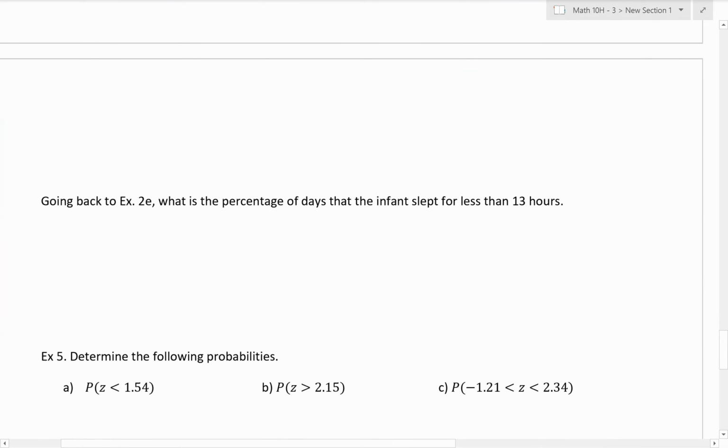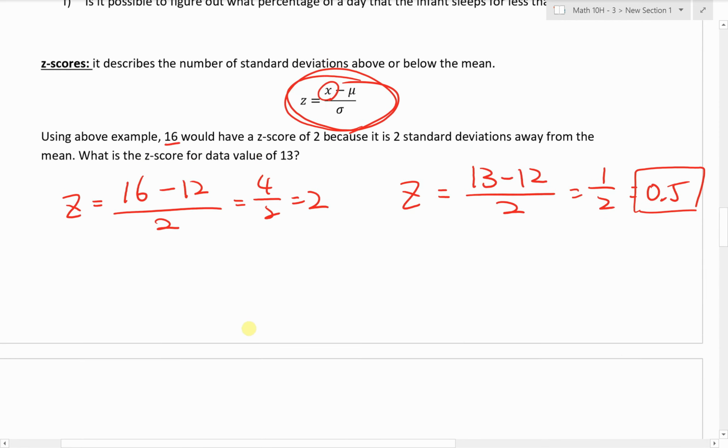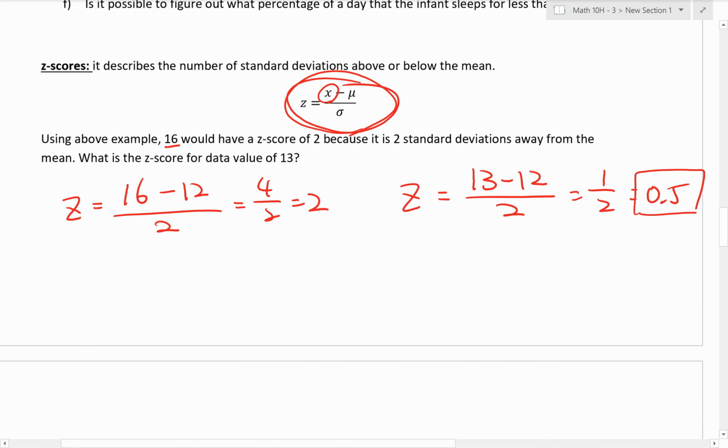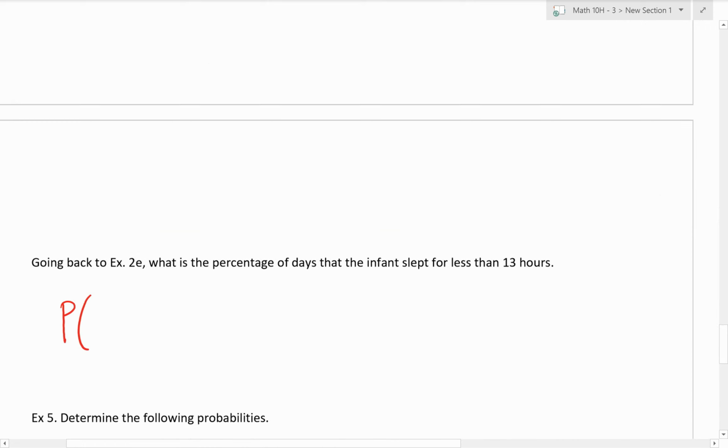Going back to example 2e, what is the percentage of the day that an infant slept for less than 13 hours? Remember, we calculated the z-score. I think it was 0.5. That's right, the z-score for 13 is 0.5. So we are looking at the probability less than 0.5.